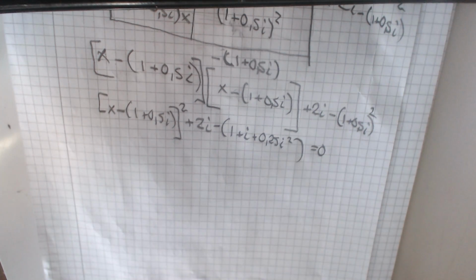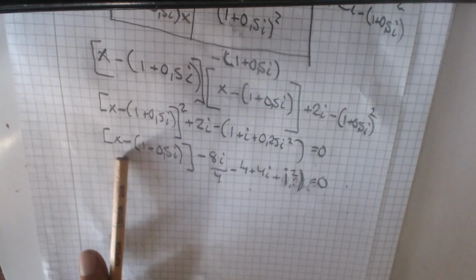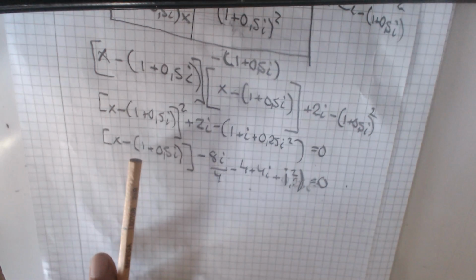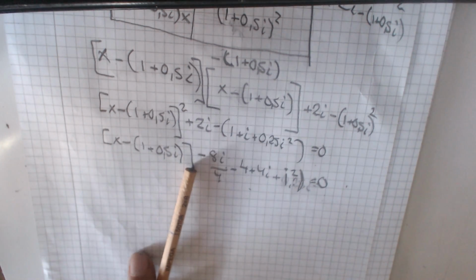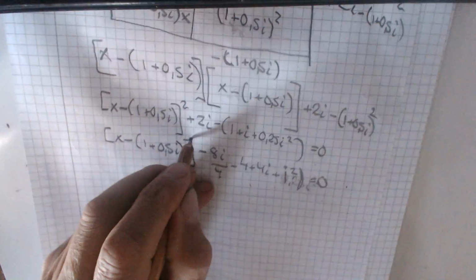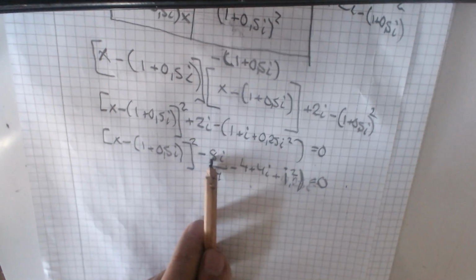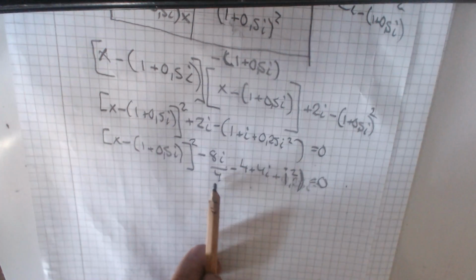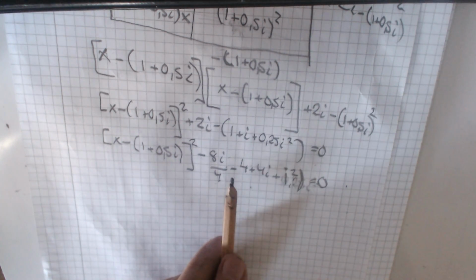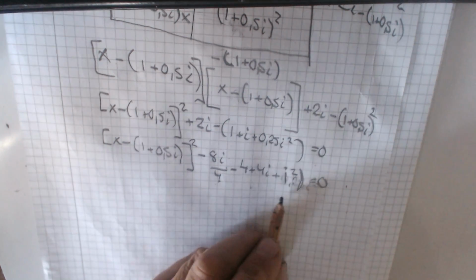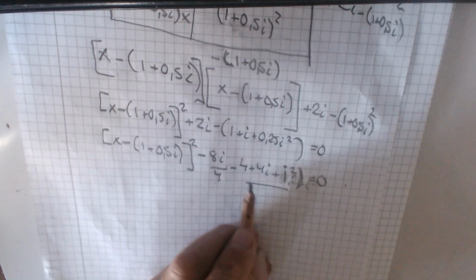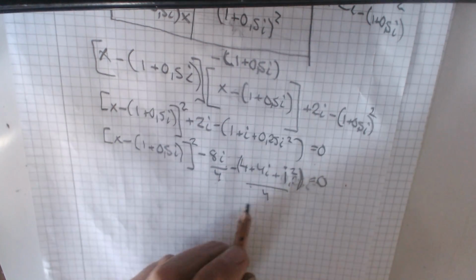We rewrite the equation again, like this one: x minus (1 plus 0.5i) squared minus 8i divided by 4 minus 4 plus 4i plus i squared divided by 4.